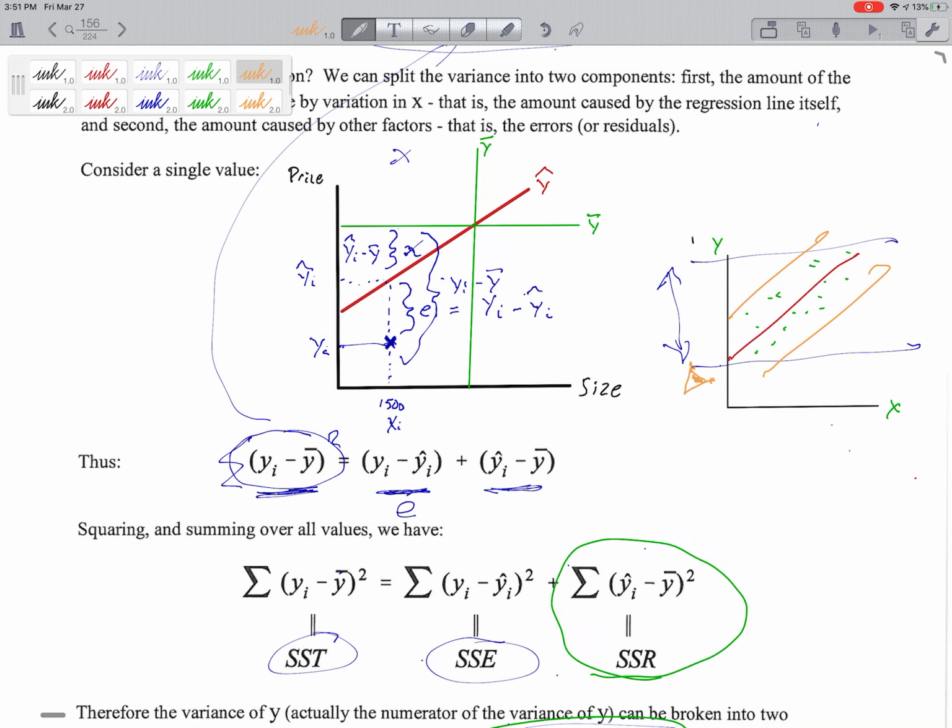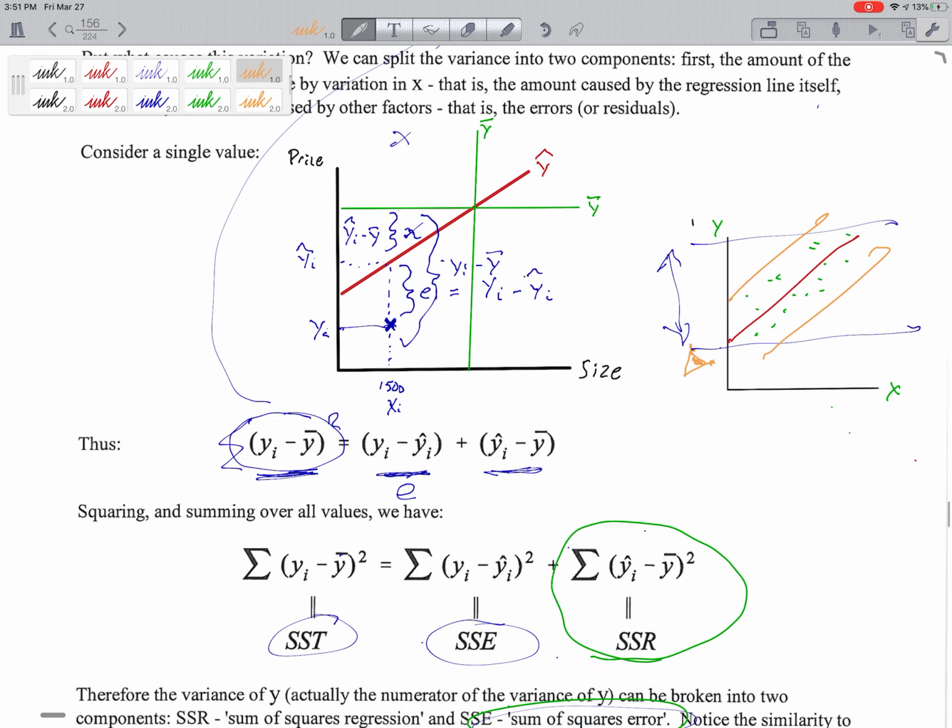The total variation in y, from here up to here, is caused by the regression line itself, in that as x increases, so does y, and then whatever is left over is the variation around the regression line.